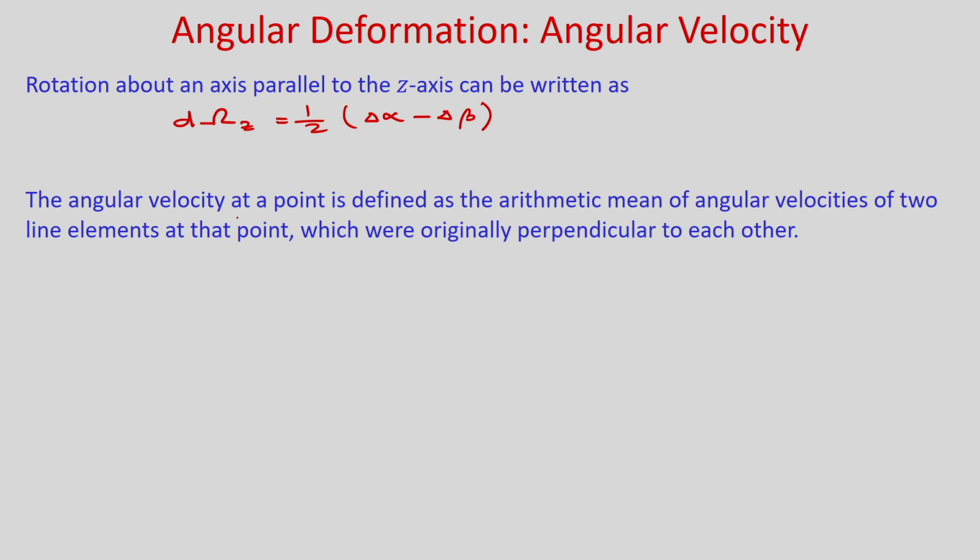The angular velocity at a point is defined as the arithmetic mean of angular velocities of two line elements at that point which were originally perpendicular to each other. So, in that case we can define the angular velocity omega x y as d omega z by dt is equal to half into delta alpha by delta t minus delta beta by delta t, and that we have already represented in terms of the velocity gradient.